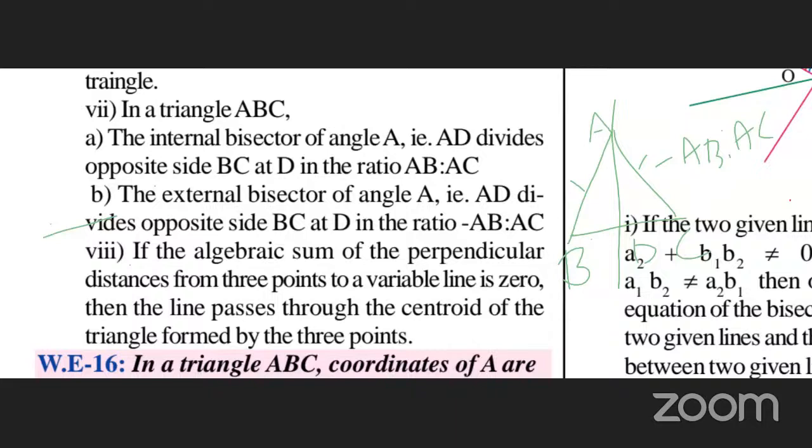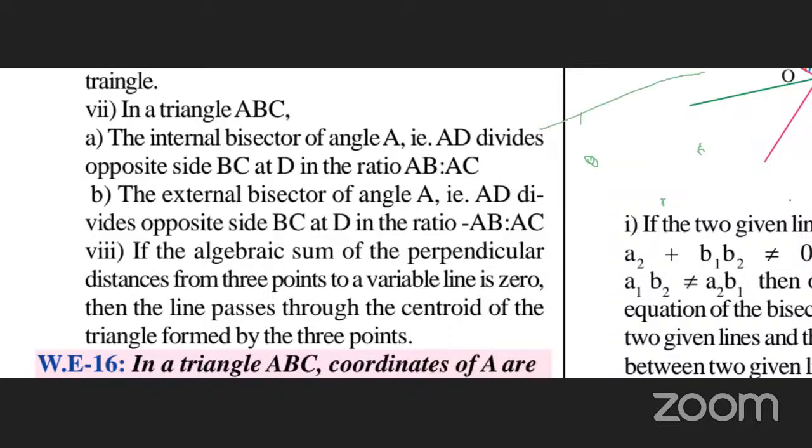I will write it and show you. Now there are 3 points. Let us take them as point 1, point 2, point 3, and they have some perpendicular distances from this line.